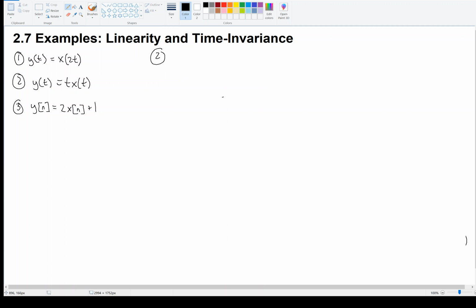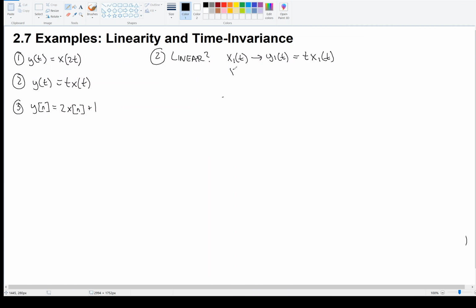Example 2. So I've got this system here. We want to know, is it linear and is it time invariant? Let's address linearity first. If I plug in x1 of t, then I get y1 of t, which is t times x1 of t.